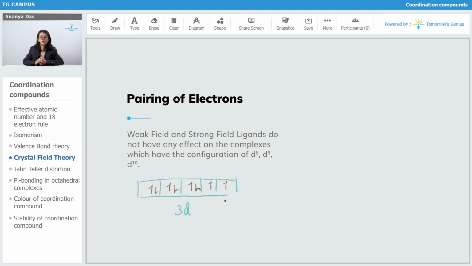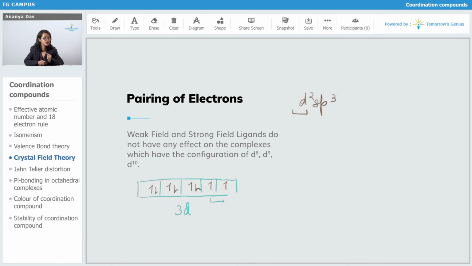But what do we need for octahedral complexes? We need d2sp3, which means at least 2 d orbitals should be available. Even if I pair up these electrons, that is only going to give me 1 d orbital. So that is still not going to give me 2 d orbitals, and I still cannot make an inner orbital complex.